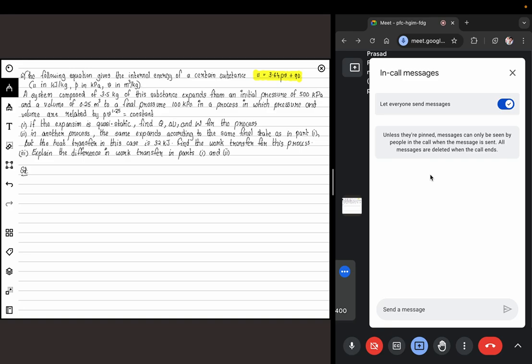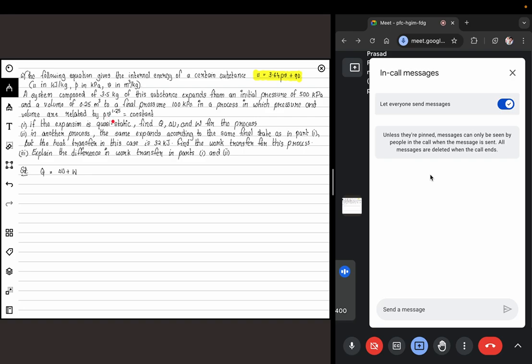So how do I start? We know one relation: Q is given by delta U plus W, but this is only one equation, and we do not know anything about the other values. So is there any way to get the other values? It is specified that it is a polytropic process.